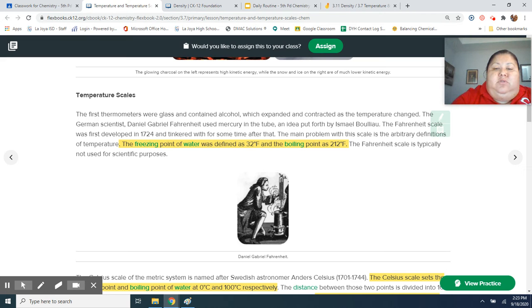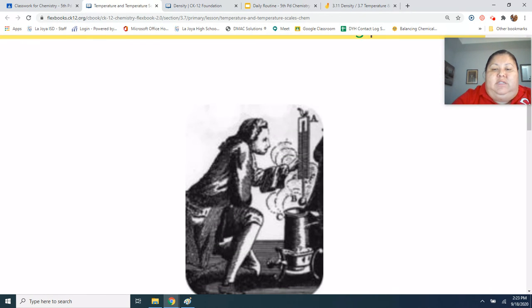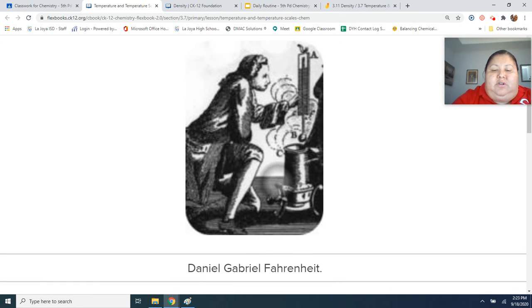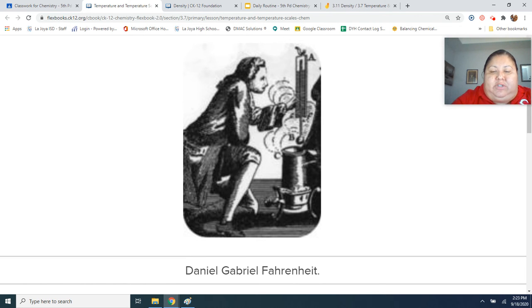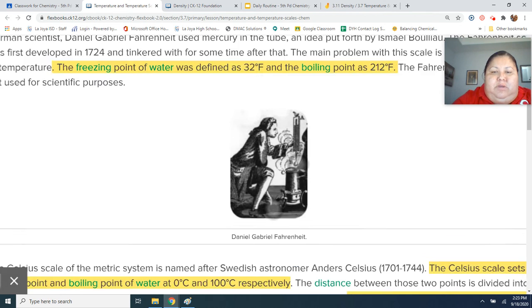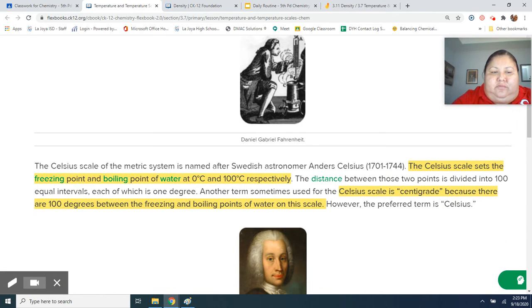Okay, we don't usually use the Fahrenheit scale in science. And here you have a picture of Mr. Fahrenheit. You can see he has a version of a thermometer, and you can see that he's probably heating something up in this tube-like structure that he has, right? Because that looks like smoke being let out.